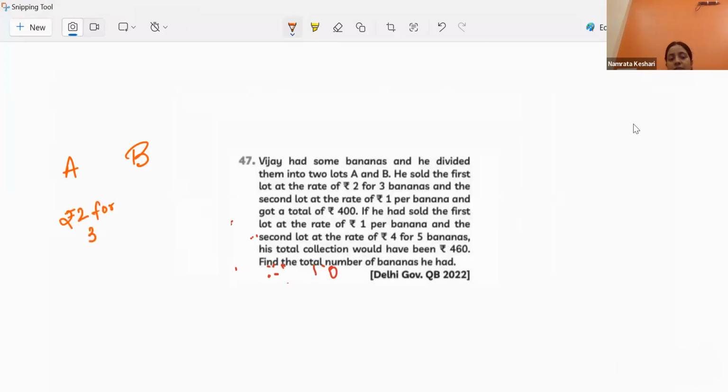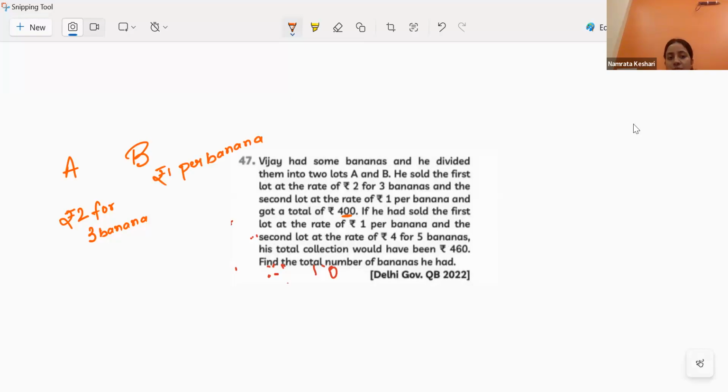See the rate: 2 rupees, 3 bananas. And the second lot at a rate of rupees 1 per banana, and got a total of 400.